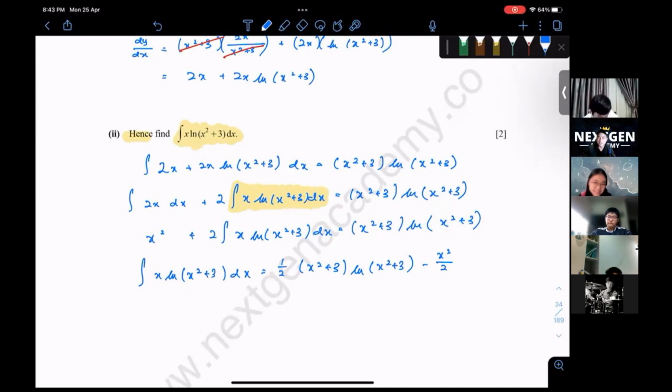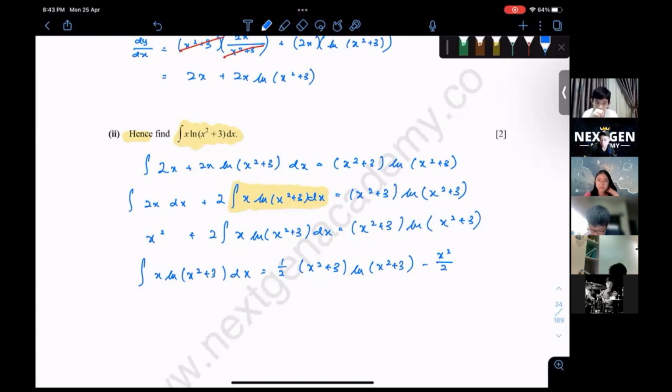Okay, this is a definite integral or indefinite integral? Indefinite, right? There's no x1, x2, right? So indefinite integral need to write plus C or not? Need, right? Yes, need. Okay, by right, standard form need.